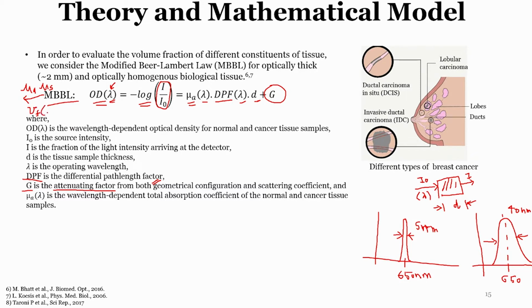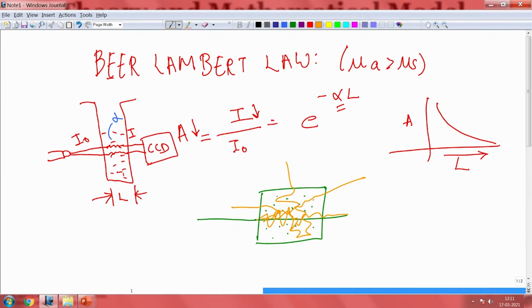We talk about lipid, collagen, water, and also hemoglobin. So these are the different constituents whose volume fractions we can quantify. So we are going to use this modified Beer-Lambert law instead of the Beer-Lambert law.